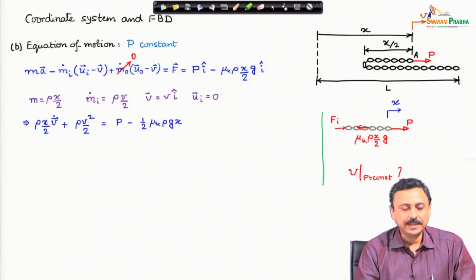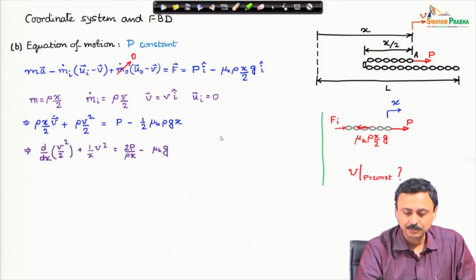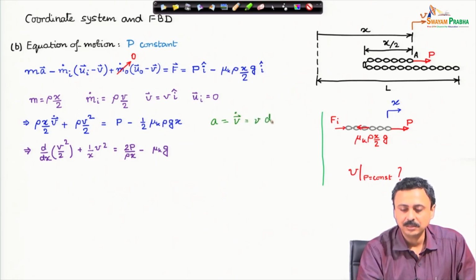Therefore, you will observe that acceleration, which is v dot, is a function of x. If I simplify this, I will get acceleration as a function of x. Therefore, following our standard practice, what we have discussed in kinematics, we express this acceleration, which is v dot, as v dv dx.